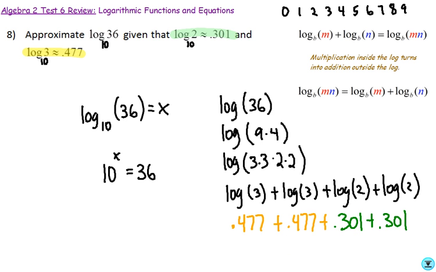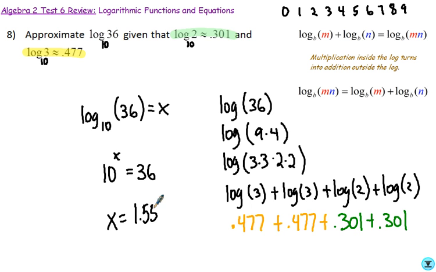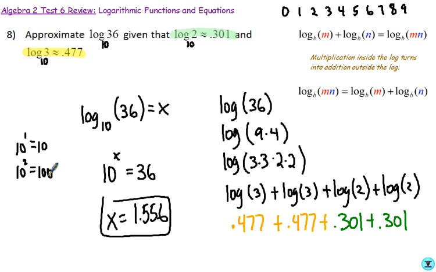So for our final answer, we'll say that x is equal to 1.556. Let's check to see if that's right. We said that 10 to the first power is 10 and 10 squared is 100. 36 fits in between 10 and 100, so we thought our answer would be somewhere between 1 and 2, and it is, 1.556.